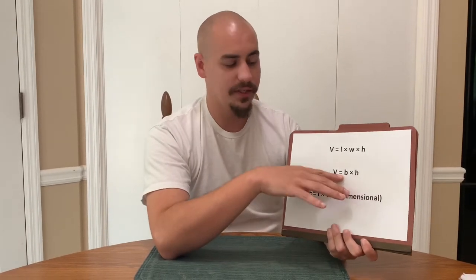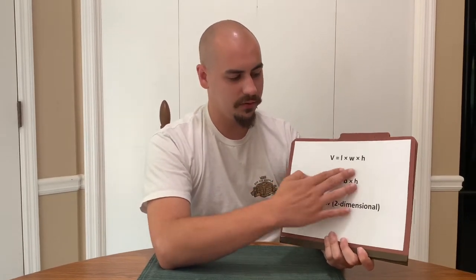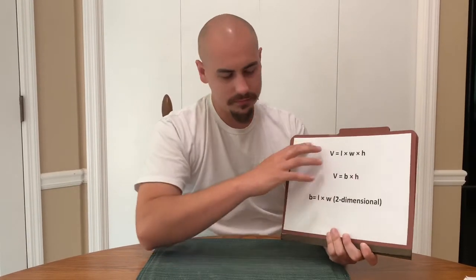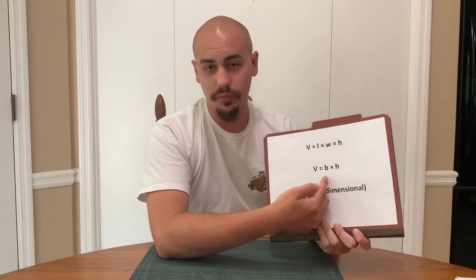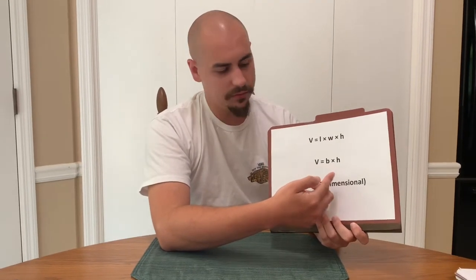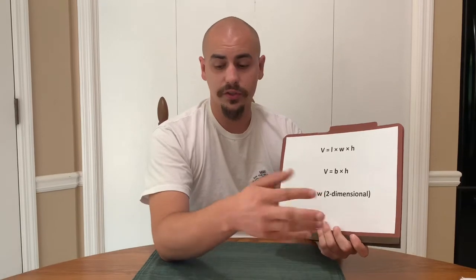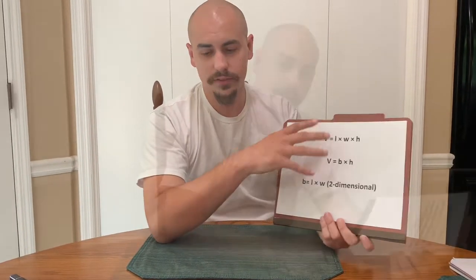That's not the case, because remember, we always want to go back to the idea that this base comes from two numbers already. So even when you multiply only two numbers, for example if you're already given the base, you still need to make sure you're using the proper unit. Volume is always going to be cubic units.